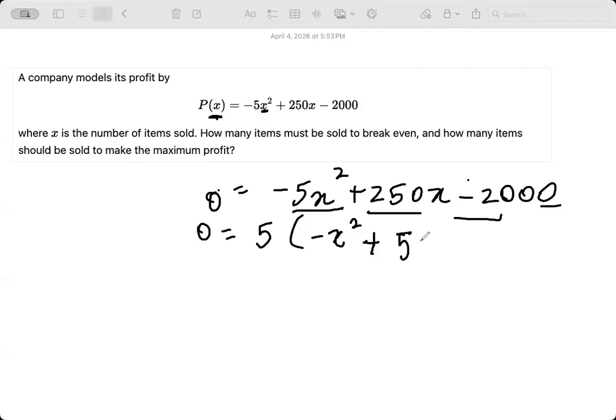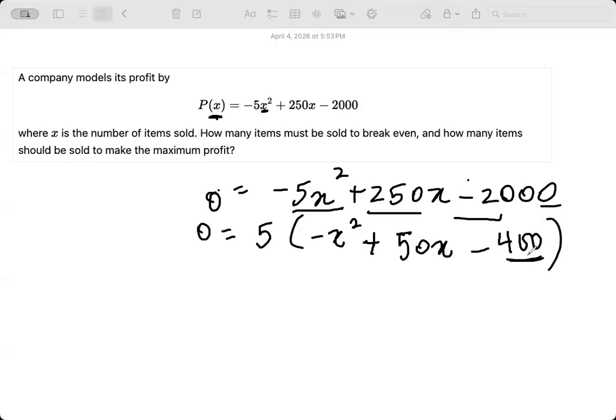Good. Plus 50x, then minus 400. Now find out the factors of 400 that can give you a sum of 50. What are the factors of 400 that can give you a sum of 50?